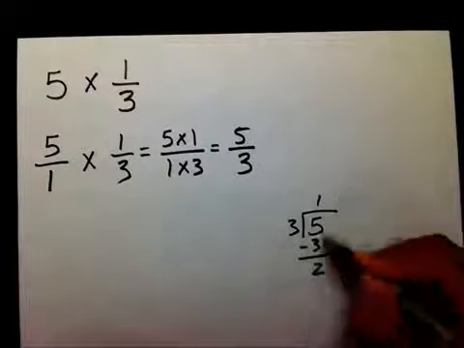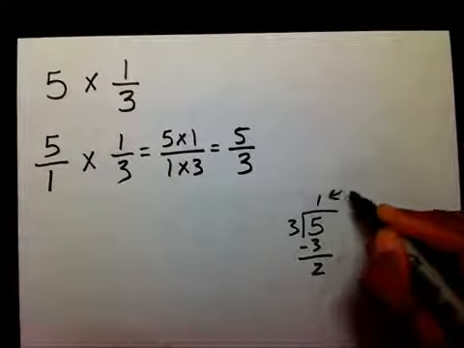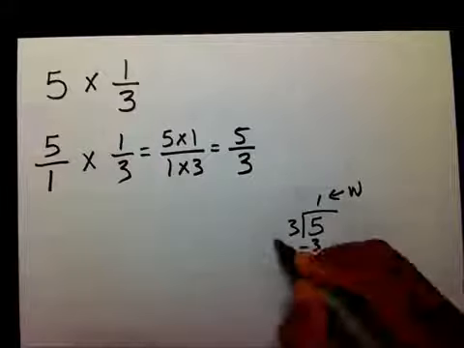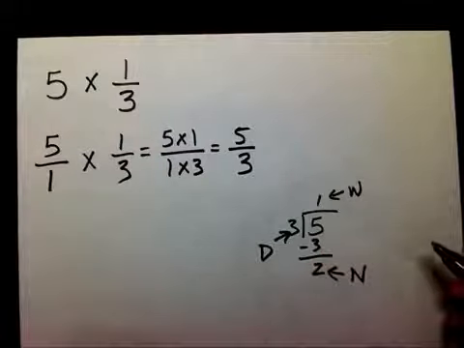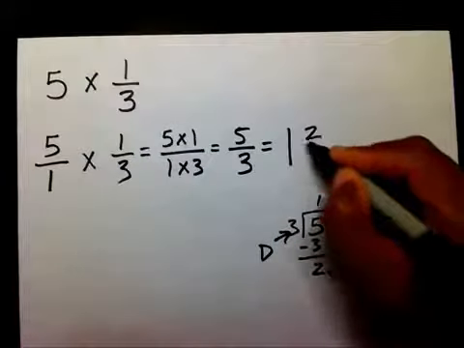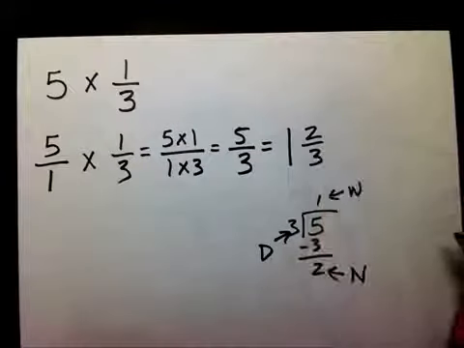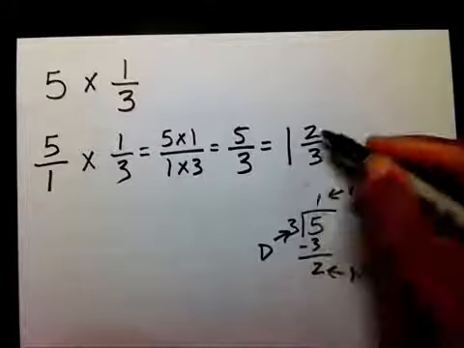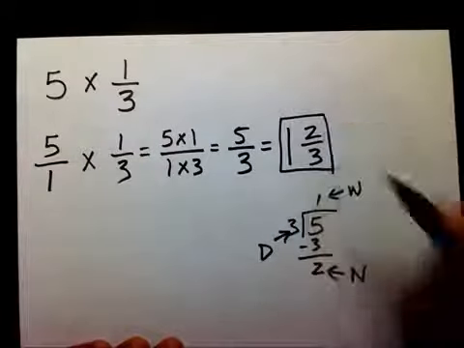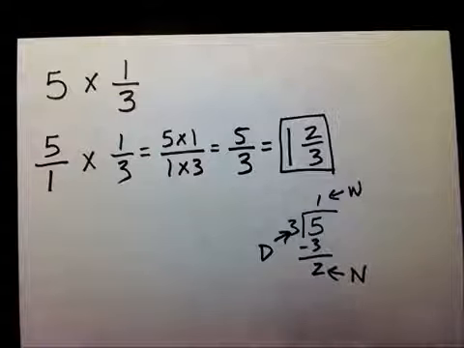This is my division, this is going to be my whole number, this is my numerator, and this is my denominator. So my answer is going to be 1 and 2/3. And I know for a fact that this is already in lowest terms.